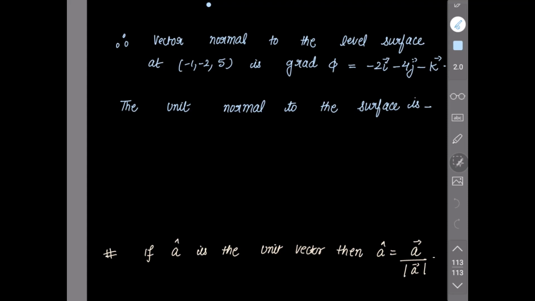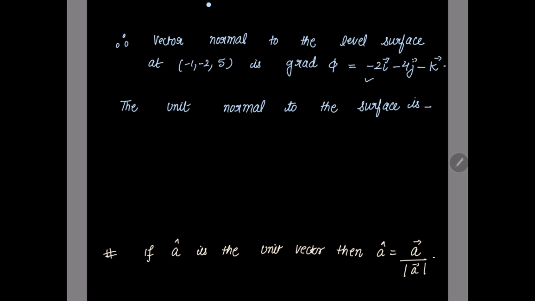Before that, just recall, if a cap is the unit vector, then this a cap is equal to a vector over mod of a vector. So to find the unit vector, I have to take the given vector, the result that we have found, and divide it by the mod of the vector we have found.